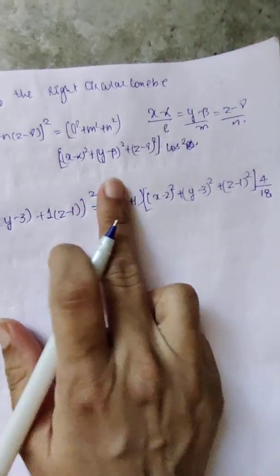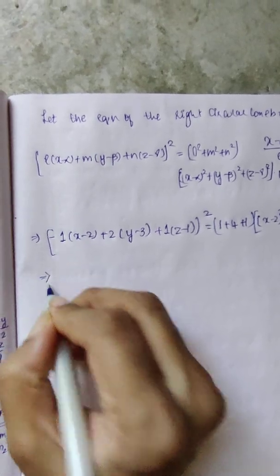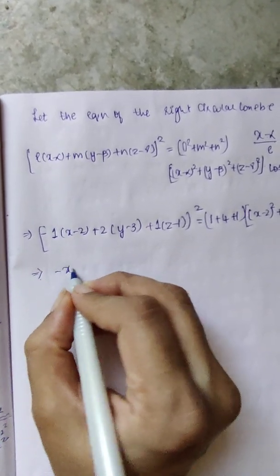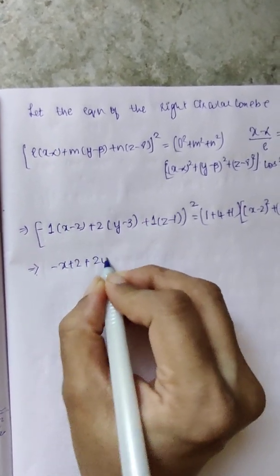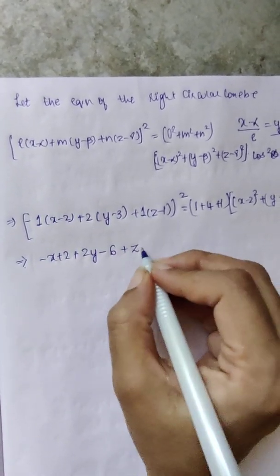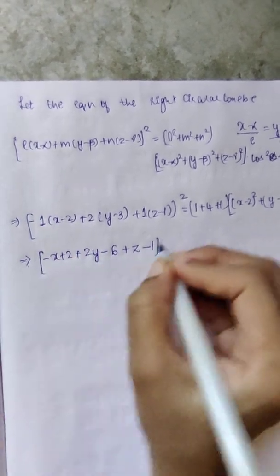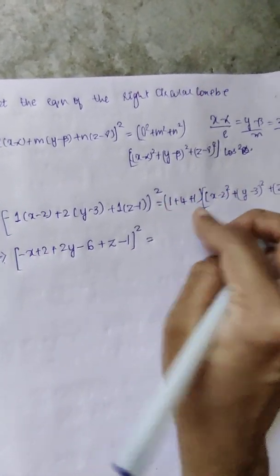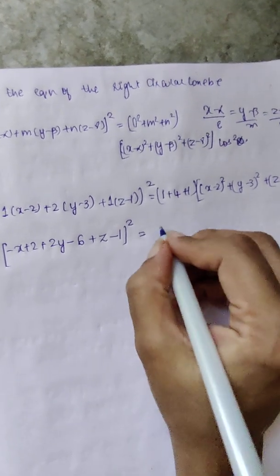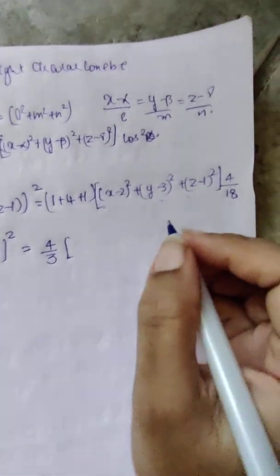So 6 ones are 6, 6 threes are 18. And this will become, if I expand this, minus x plus 2, plus 2y minus 6 (2 threes are 6), plus z minus 1, whole square. 6 ones are 6, 6 threes are 18. So I'll be left with 4 by 3 into, I'll start expanding what is there here.